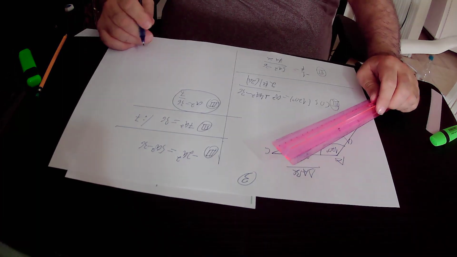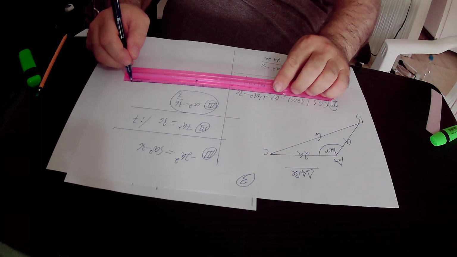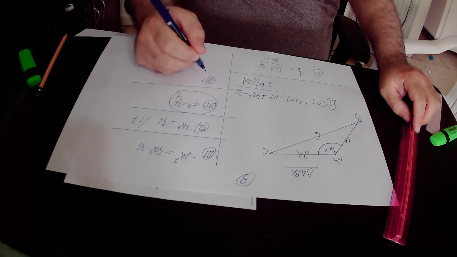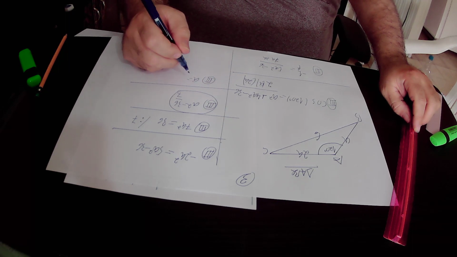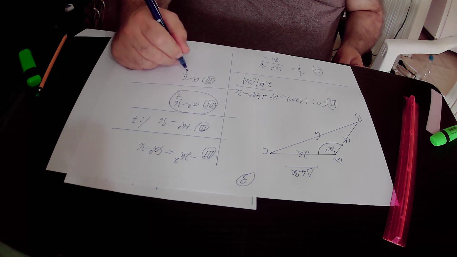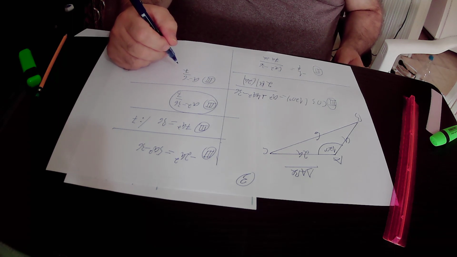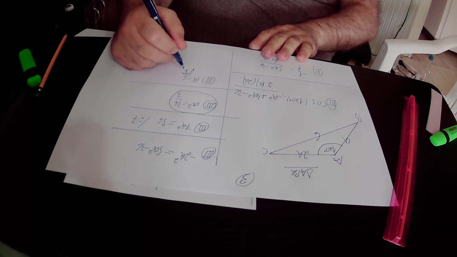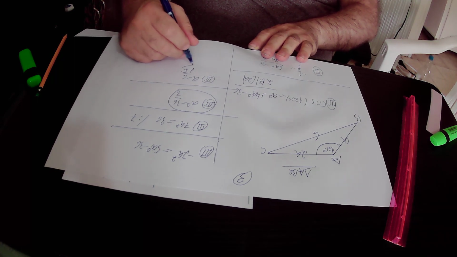Here we take the root, and we get a equals the square root of 36, that is 6, over the square root of 7. This is actually a equals 6 over square root of 7.